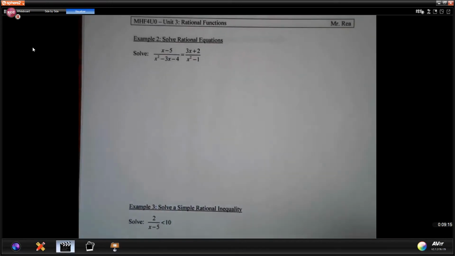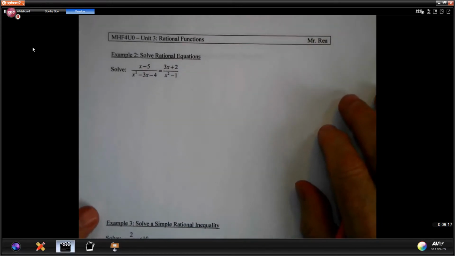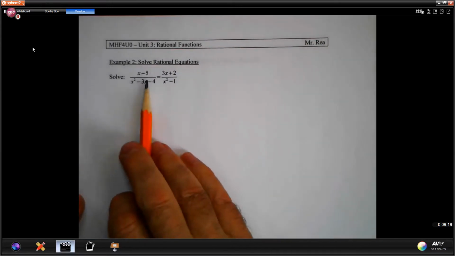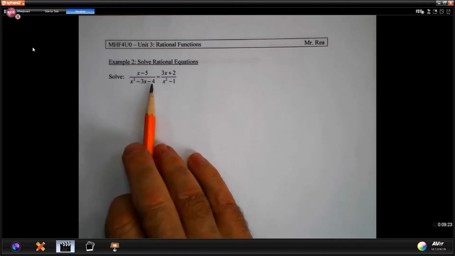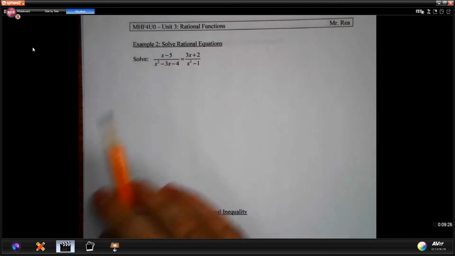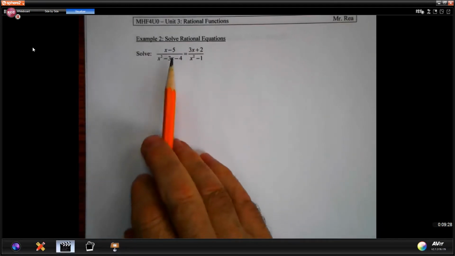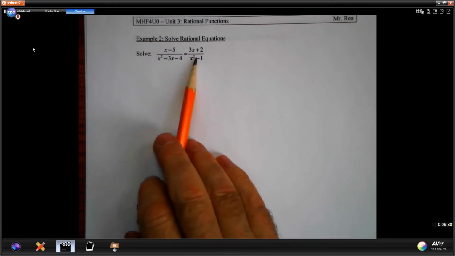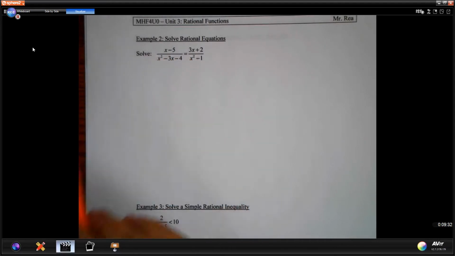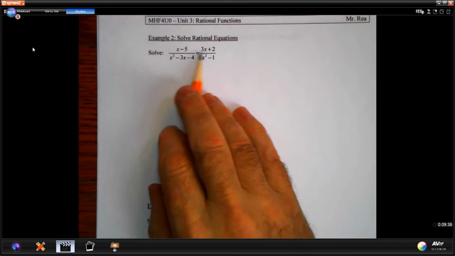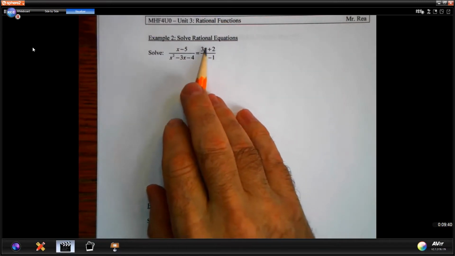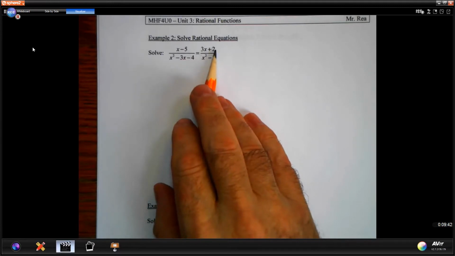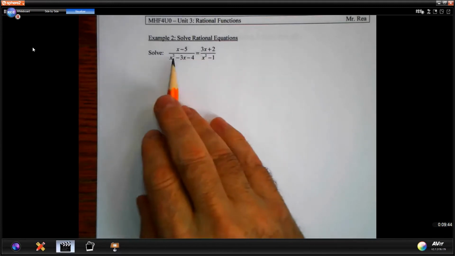So, okay, let's try another solving a rational equation. This time it's obviously a bit more involved here. We've got rational expressions on both sides. We've got quadratics on the denominators, linears on the top. Okay, so the first thing I want to do here, even before I think about factoring, I'm going to make this equation equal to 0 by subtracting one of the sides from both sides.